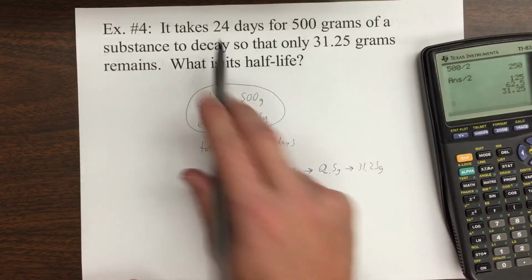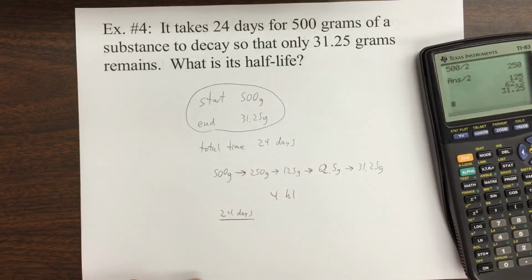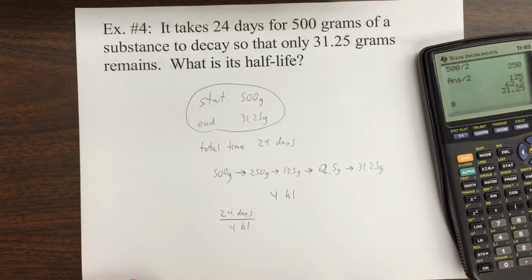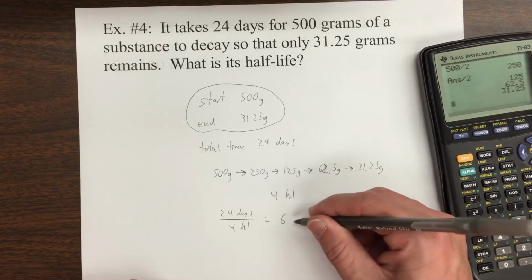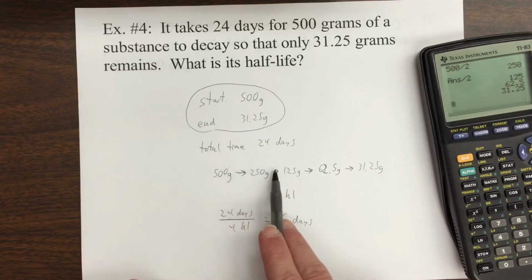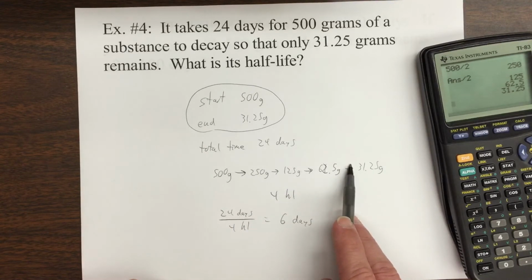If our total time is 24 days, and in those 24 days we went through 4 half-lives, the time for one half-life, 24 over 4, equals 6 days. So this was 6 days, 12 days, 18 days, 24 days.